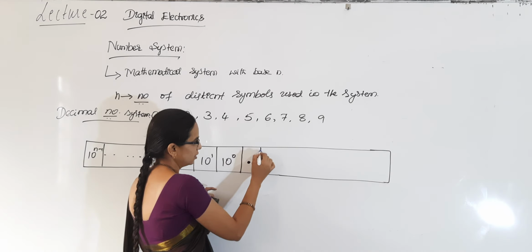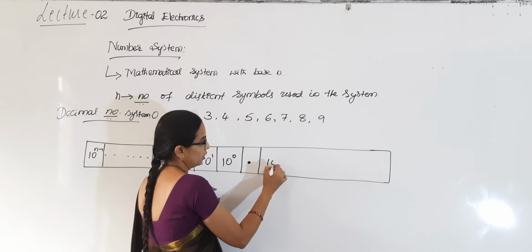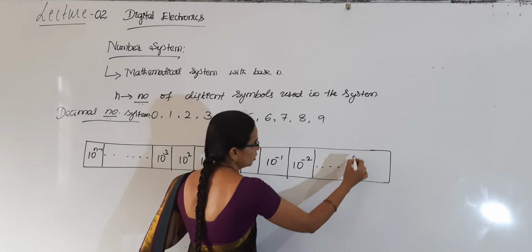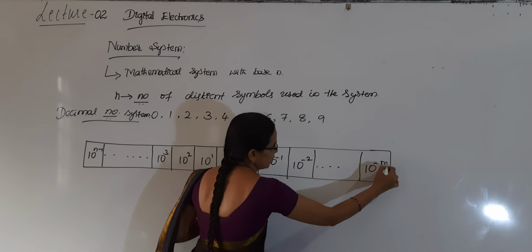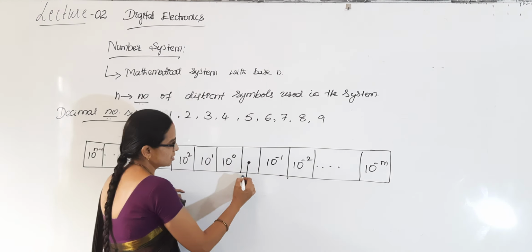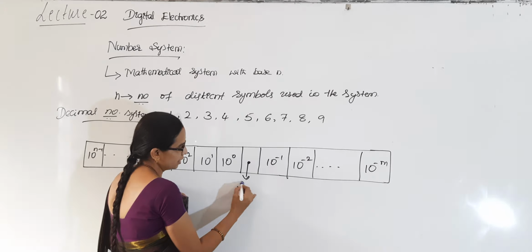In between there is a decimal point, then 10 power minus 1, 10 power minus 2, up to 10 power minus m, and this is called the decimal point.